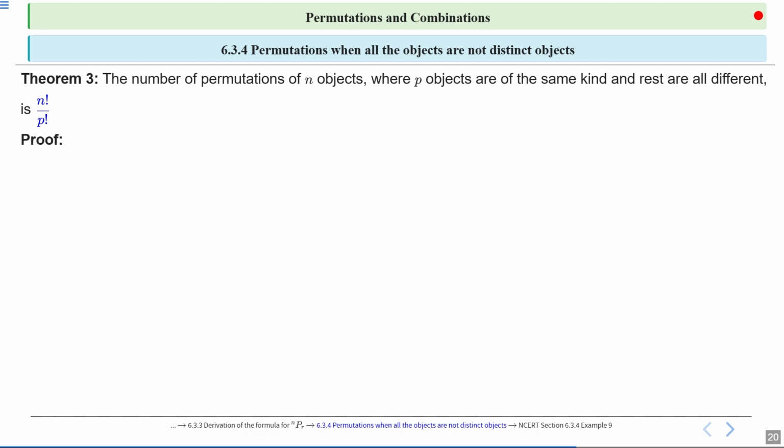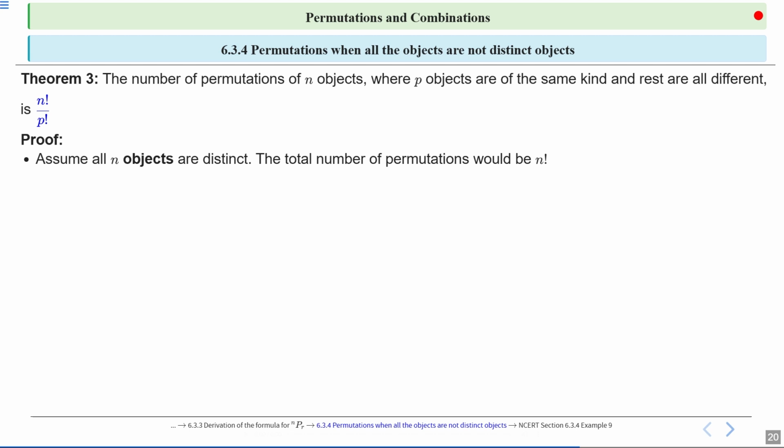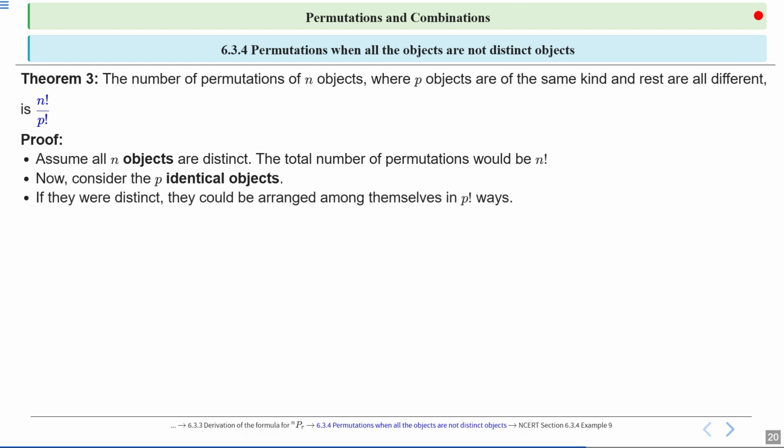Let's do the proof of theorem 3. First we will assume all objects are distinct, so the total number of permutations would be n factorial. Now consider p identical objects, and the rest are different. If they were distinct, they could be arranged among themselves in p factorial ways.